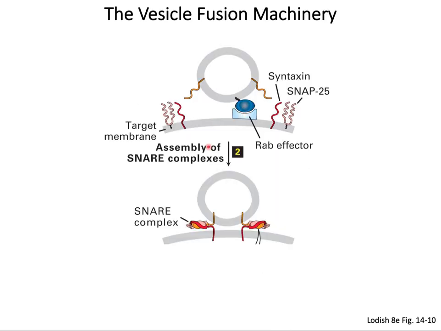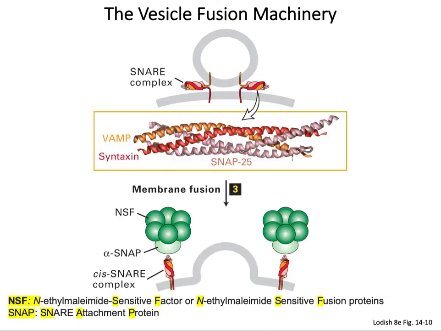So the Rab binds to its receptor, and there's a weak interaction between the T-snare and the V-snare, immediately followed by a very strong interaction between the V-snare and the T-snare. In fact, what happens is that the T-snare and the V-snare become intertwined. In this process, it is pulling the vesicle down towards the membrane.